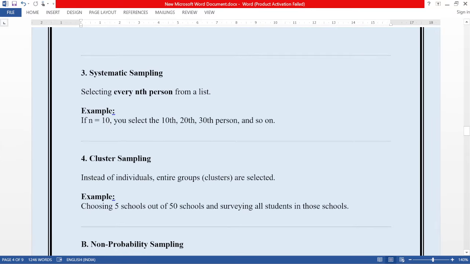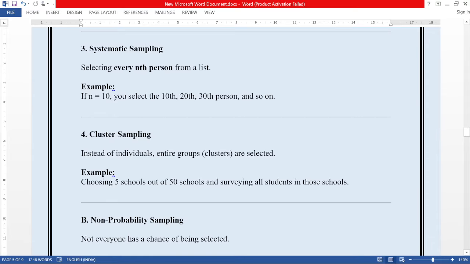Now systematic sampling. Selecting every nth person from a list. Example: if n is equal to 10, you select the 10th, 20th, 30th person and so on. This is systematic sampling. There is a system of taking a sample from the population. It can be 5th, 10th, 15th, 20th. So it depends upon the formula that you have to use.